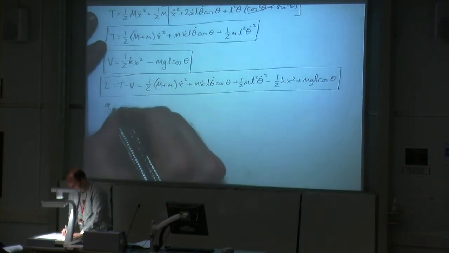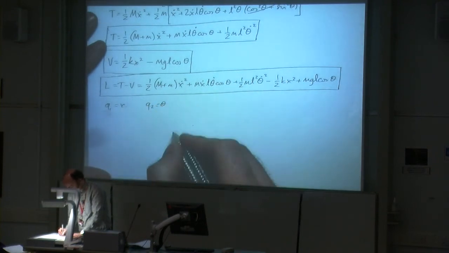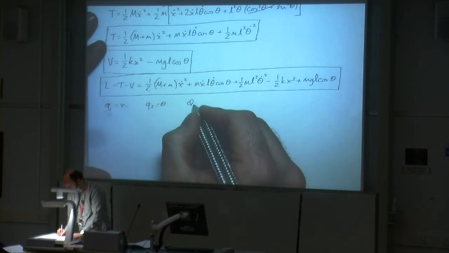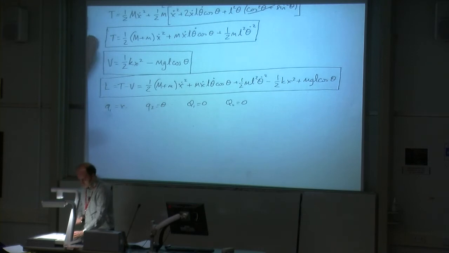I'm going to say q1 is x and q2 is theta. Big Q1 is 0 and big Q2 is 0.